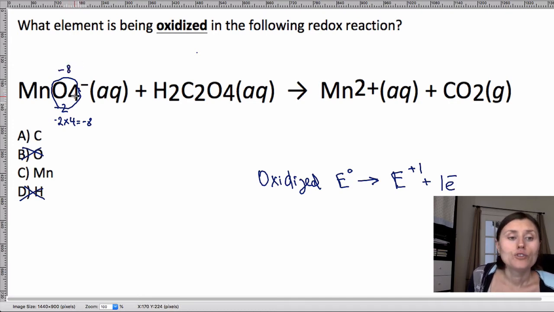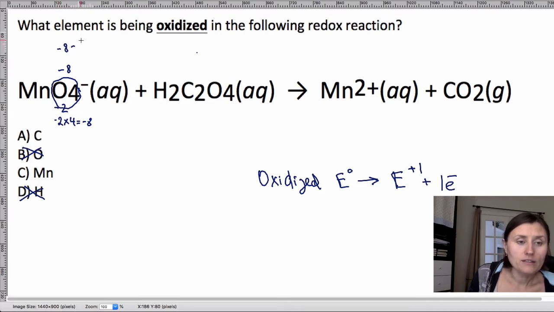Now the charge of the whole ion, manganese oxide, is -1. So we need to take that into consideration. If we have -8 minus -1, we get -7.